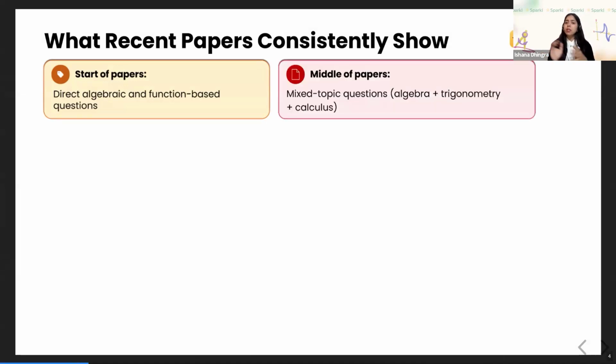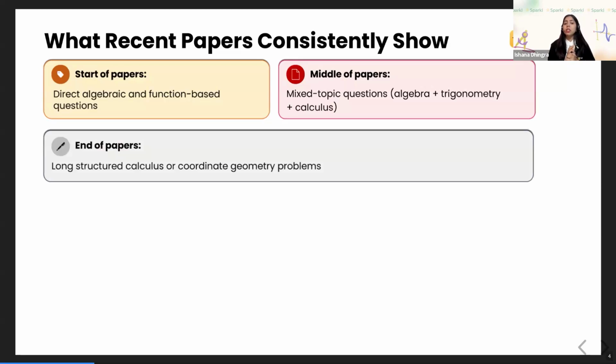Then the middle of papers is mixed topic questions, something like algebra plus trigonometry or trigonometry plus calculus. They have given a trigonometric function, they have asked you to do the differentiation and integration sort of things. So that is somewhere where a mixed variety of questions comes. And the end of paper is long structured calculus or coordinate geometry problems.